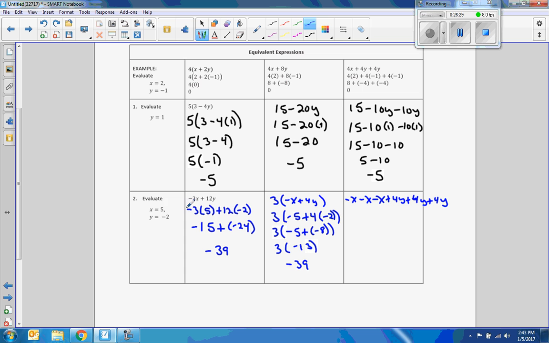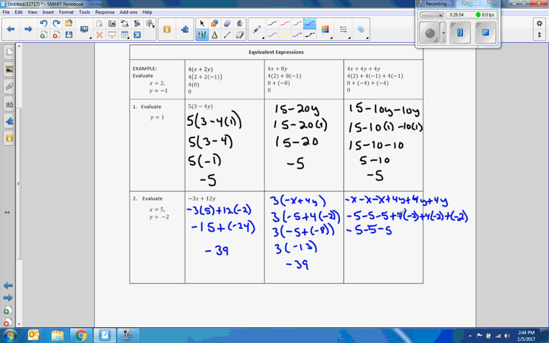And then if we substitute in now, we'd have negative 5 minus 5 minus 5 plus 4 times y, which is negative 2, plus 4 times y, which is negative 2, plus 4 times negative 2. Okay, so we're going to do the multiplication first, so I'm going to leave those minus 5s alone for now.